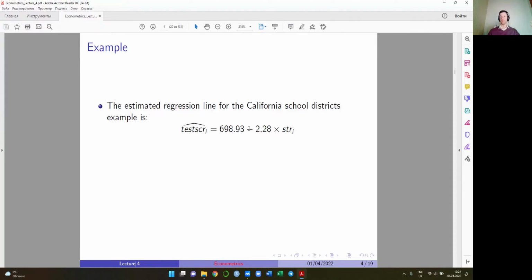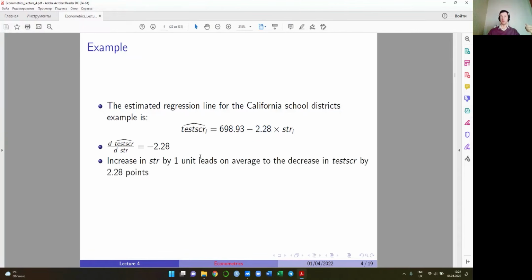So now let's give the practical meaning to this estimate, minus 2.28. What does this mean? If you take the derivative of test score hat with respect to student to teacher ratio, we get this minus 2.28.